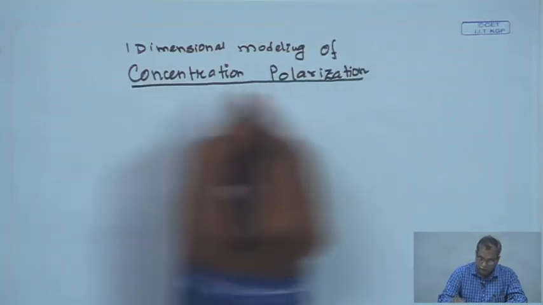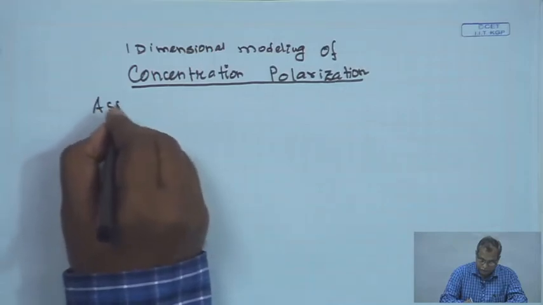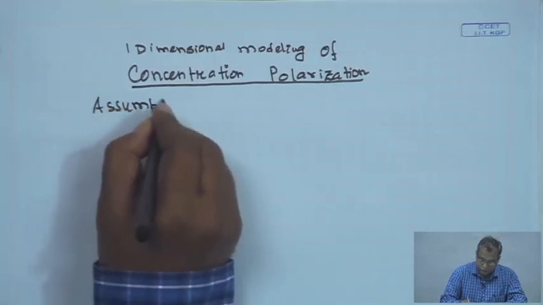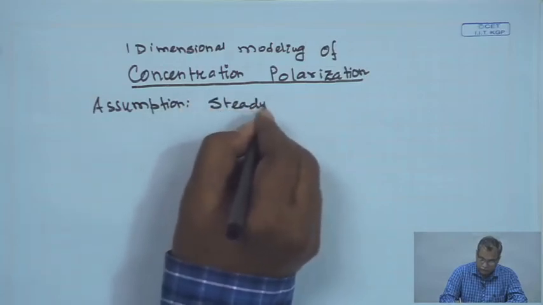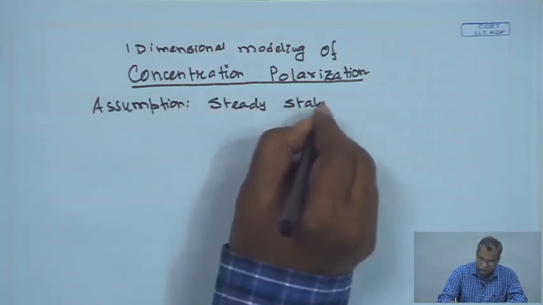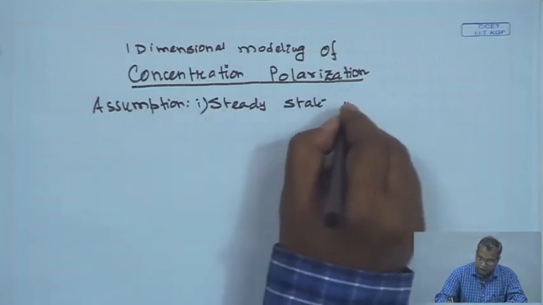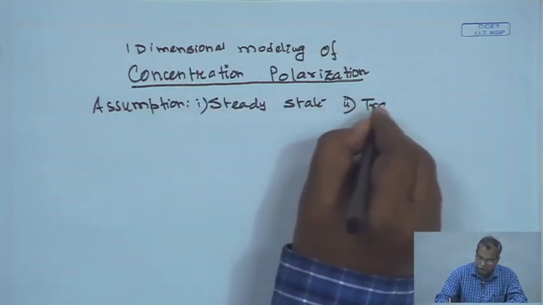Now, the assumptions are basically: it is a steady state transport process. Second assumption is that the transport coefficients are constant.